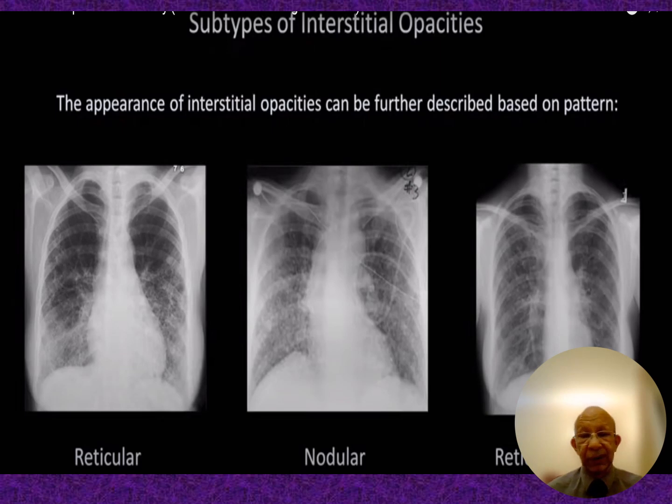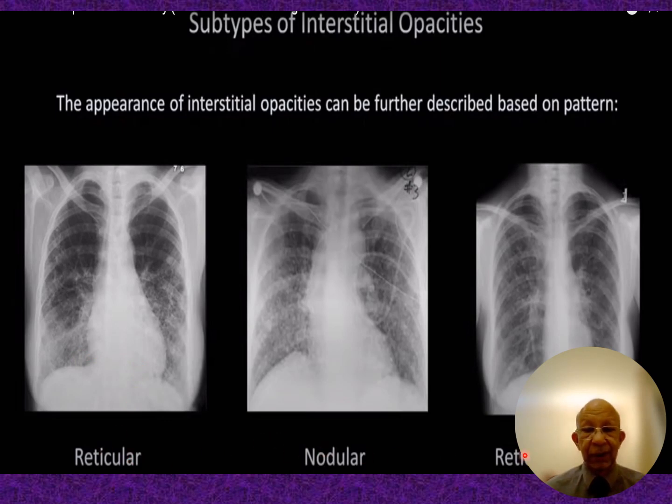It's very important that the three types of interstitial patterns are known. These are called reticular patterns, the one I've just shown you, and then there is the nodular pattern and the reticulonodular pattern, right? So unfortunately there are many diseases causing these, for example, sarcoidosis causes all of the three.